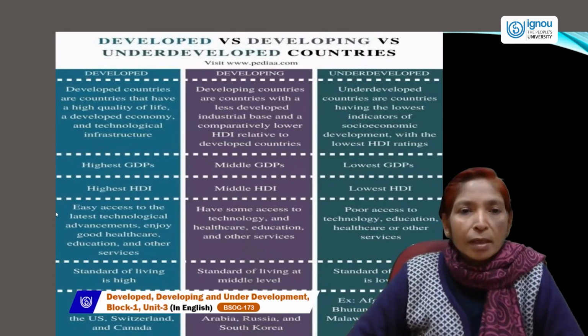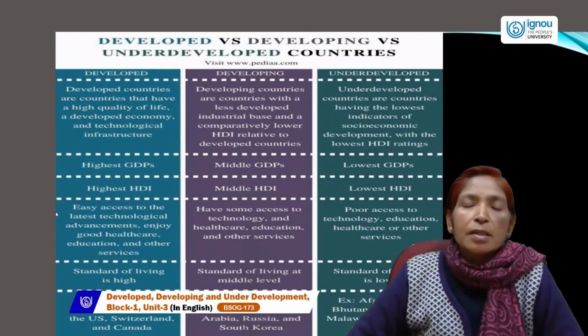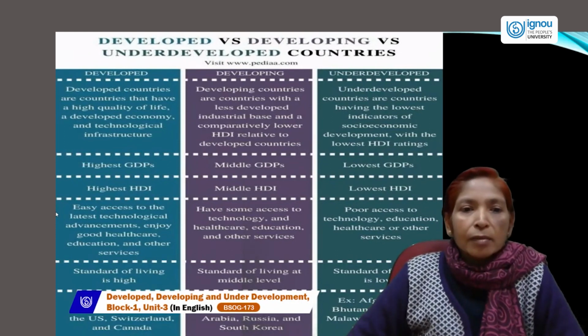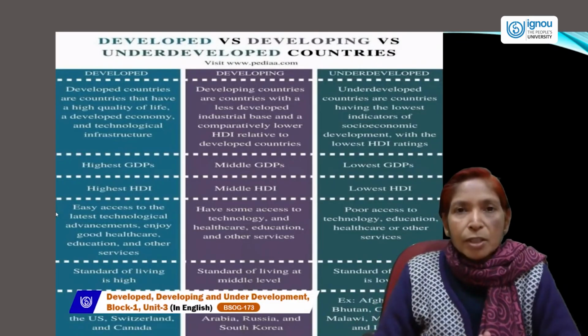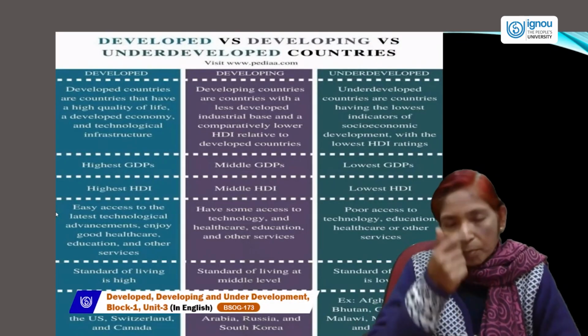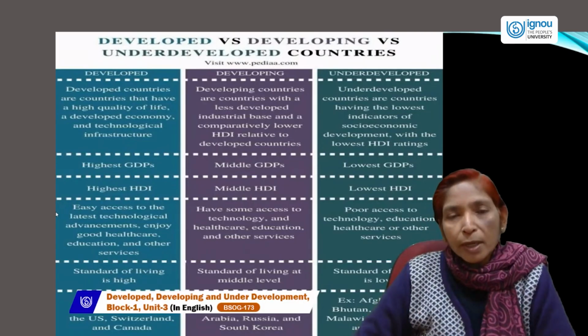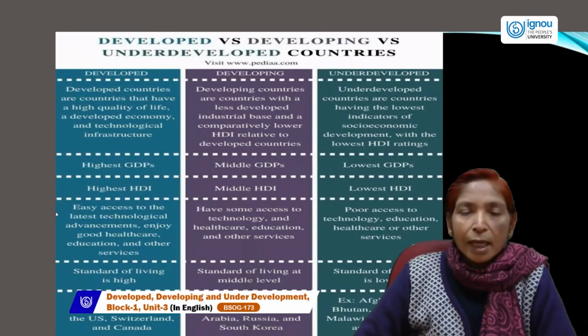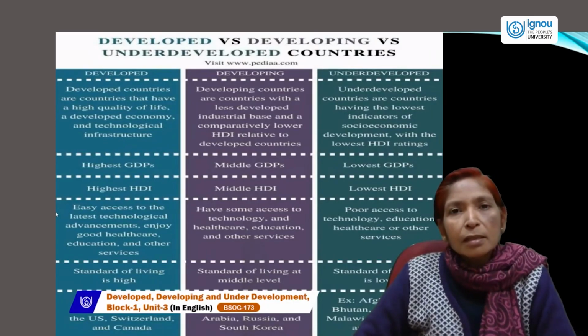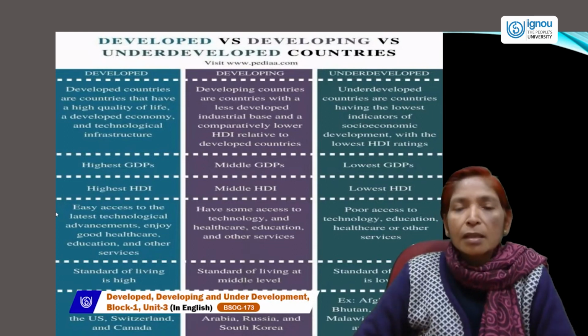Developing countries are those countries with a less developed industrial base and a comparatively lower HDI. HDI is the Human Development Index, and it is a mixture of three components: one is life expectancy, second is literacy rate, and third is per person contribution in GDP.